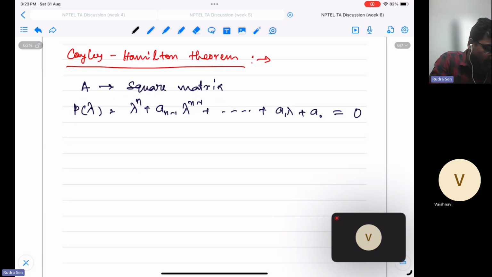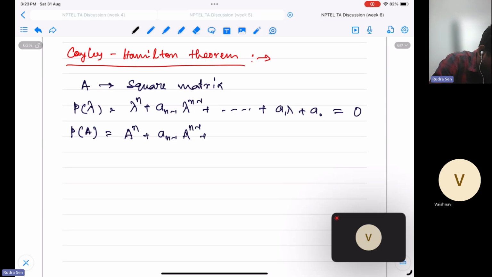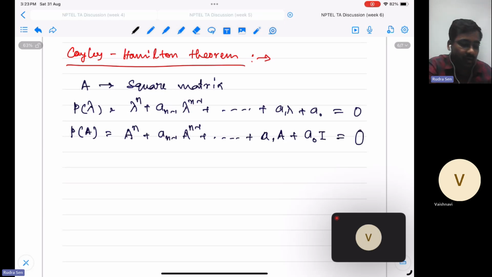The Cayley-Hamilton theorem says that if we put A over here, it will also satisfy this equation. That means A to the power n plus a n minus 1 A to the power n minus 1, plus up to a1 A plus a0 I, is also equal to 0. This 0 is a matrix with all elements 0, and here 0 is a scalar.